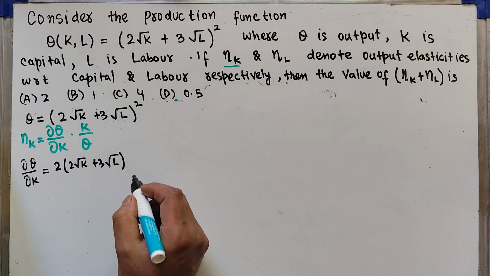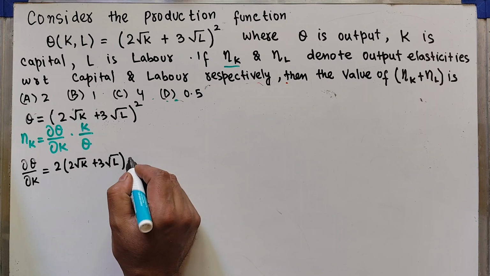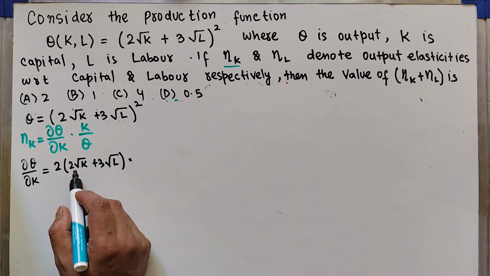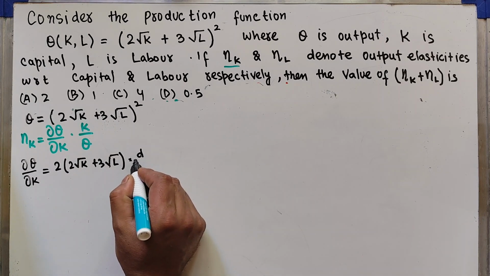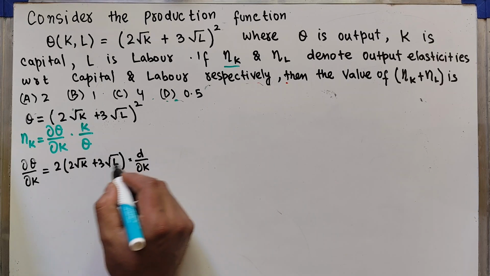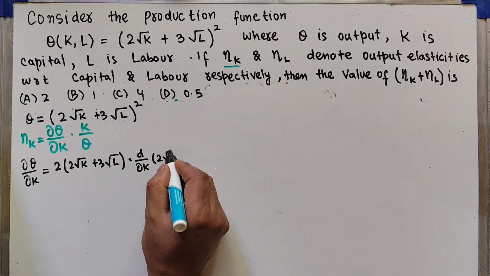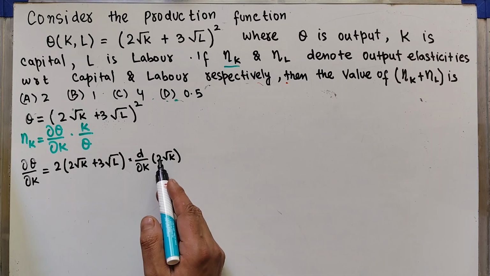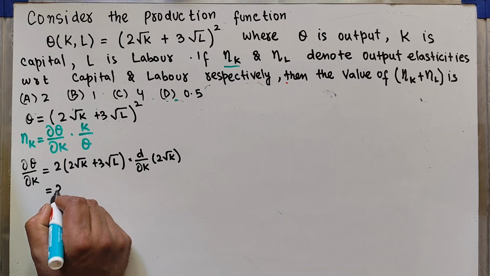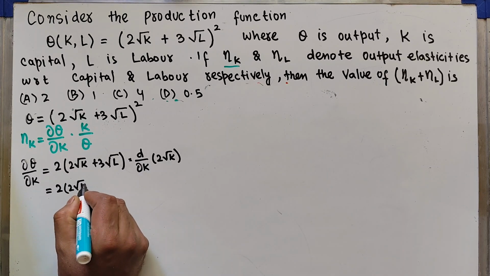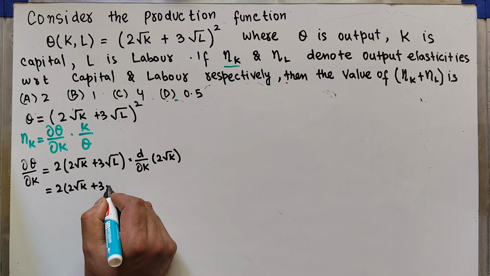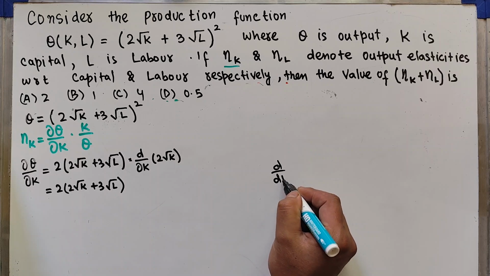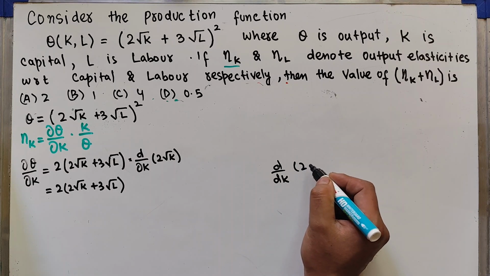Then we multiply it using the chain rule, and internally we differentiate with respect to K again, that is d/dK of 2√K. So what we will be left with is twice (2√K + 3√L) times d/dK of 2√K.